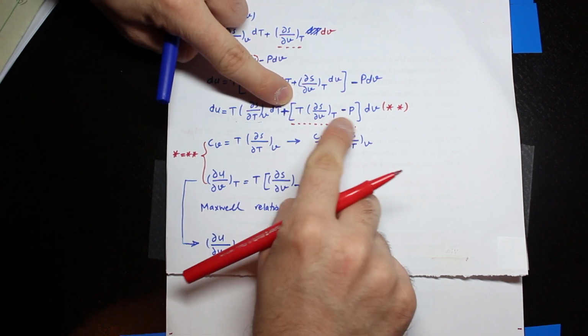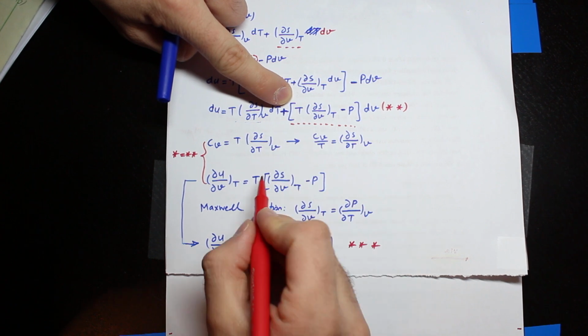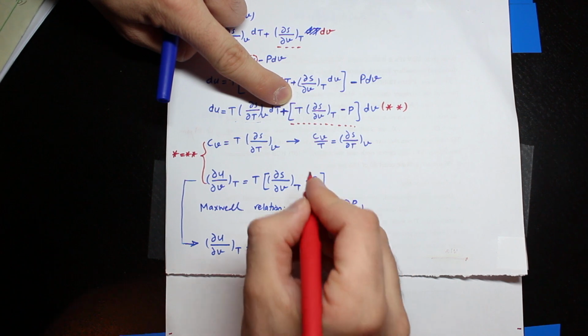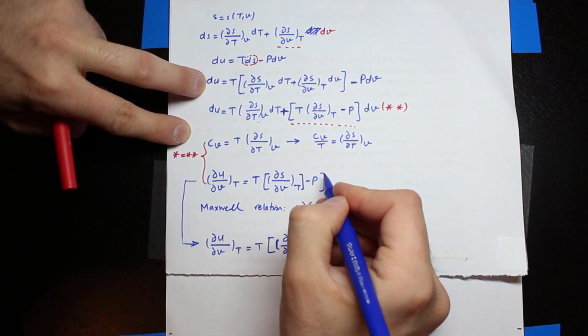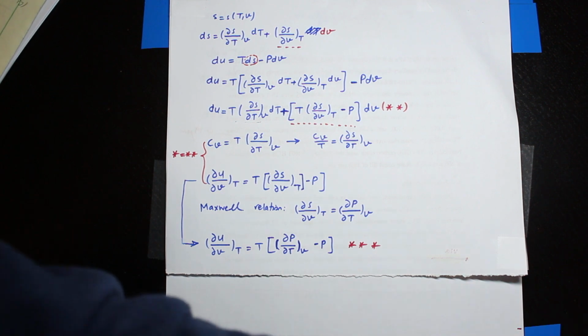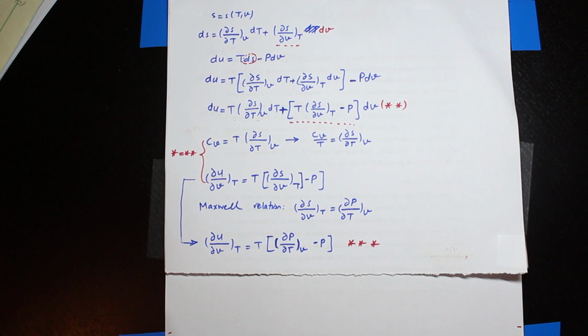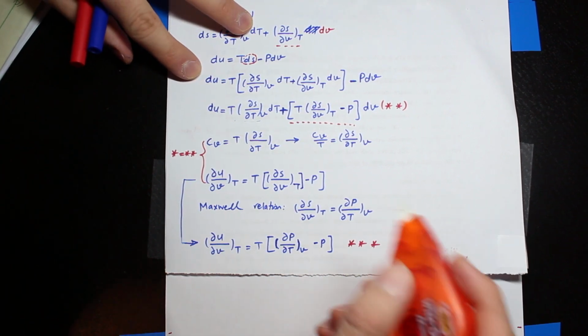On the right hand side, T only is multiplied by partial S partial V. So this bracket should not extend up to here; it should only go up to here.